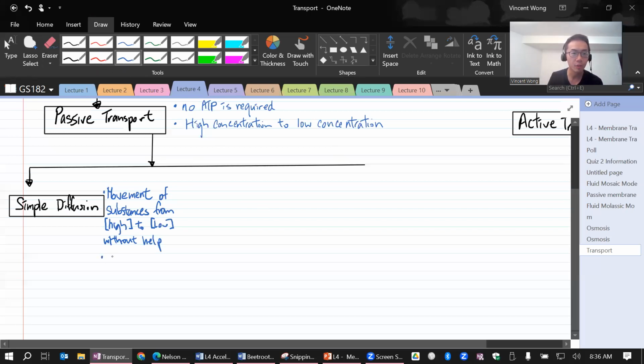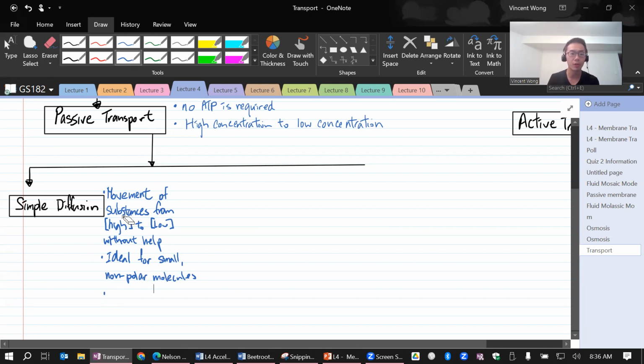And simple diffusion is ideal for small non-polar molecules.